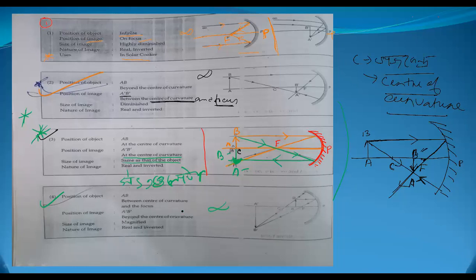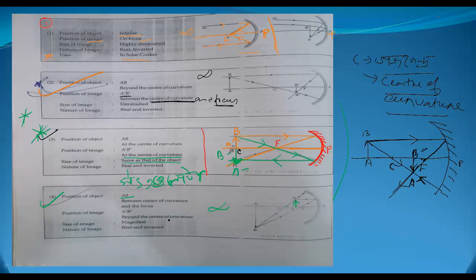So now see, position of the object AB, between the center of curvature and focus. The position of the image is beyond the center of curvature, that means between the center of curvature and infinity.